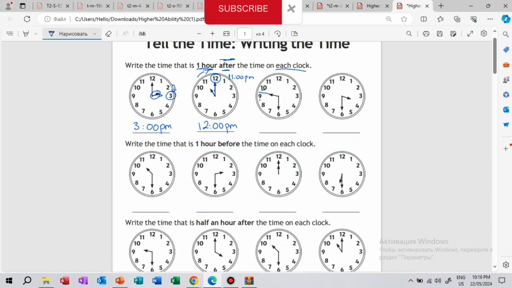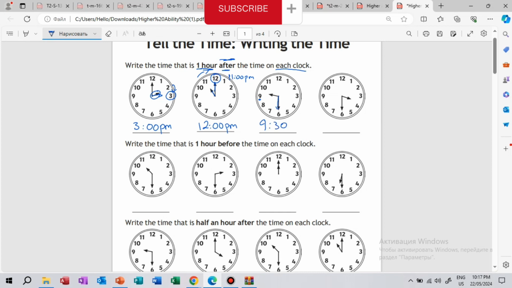Okay? So, now that we know that whenever it's pointing between two numbers, it belongs to the number before. So if it's between 9 and 10, what is going to be the hour? It is going to be 9. And then where's the long one pointing at? It's pointing at 30.